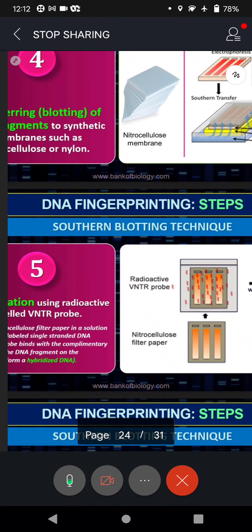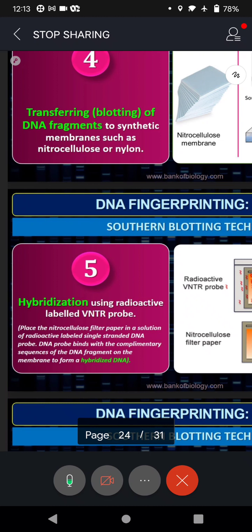For more clarity, because we are dealing with a small fraction of DNA, and if there is any minute error, one nitrogen base sequence disappears or one nitrogen base is disappearing, then our procedure for criminal inquiry will be wrong.